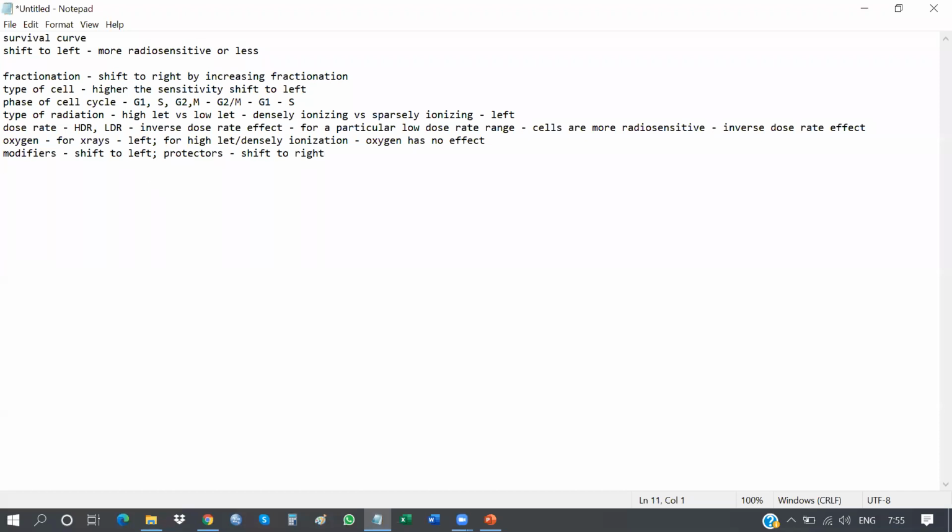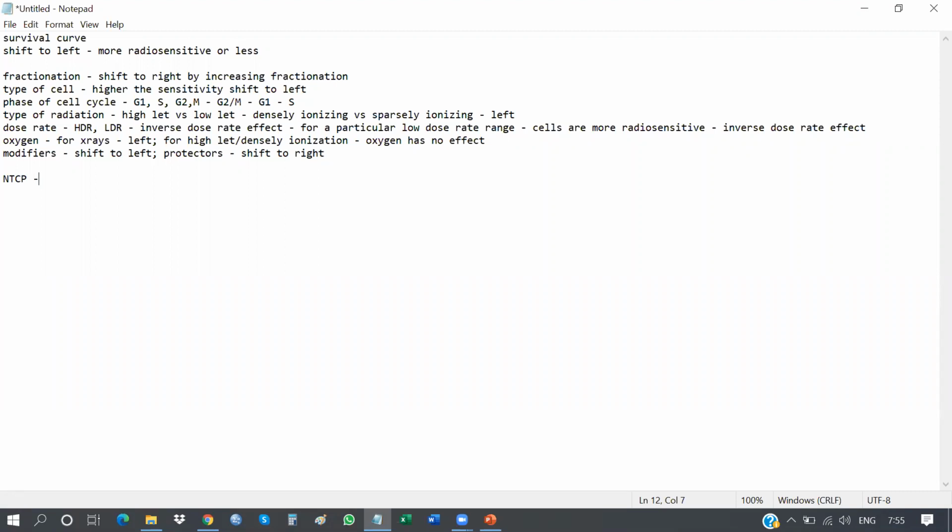Do you know what normal tissue complication probability is? I think I have explained this. Do you know what the NTCP curve is? Because these terms are related. That PPT is common, it is everywhere. I want you all to understand all this.